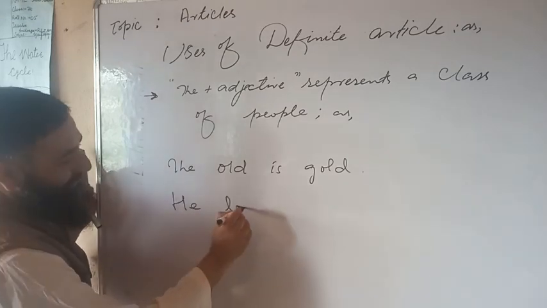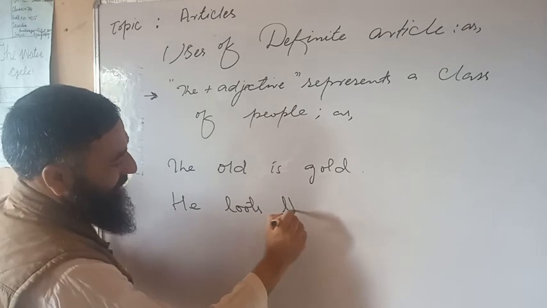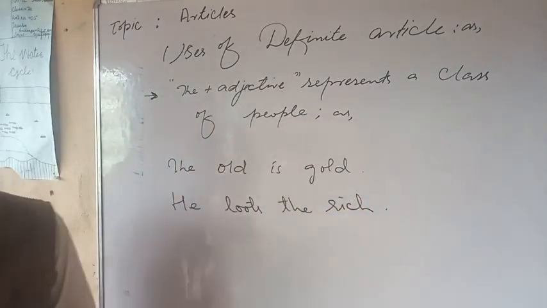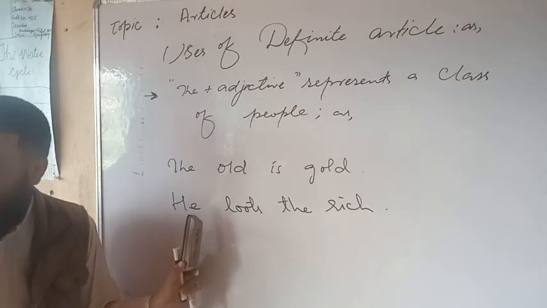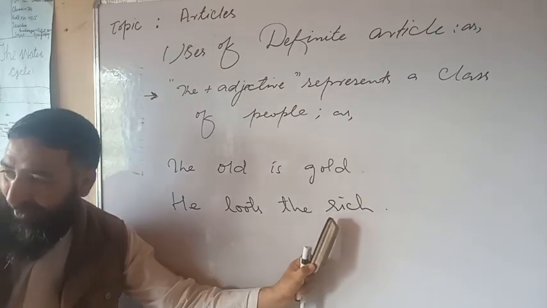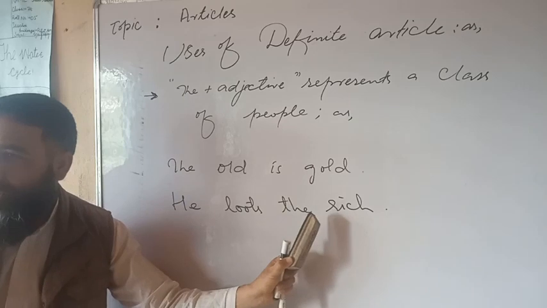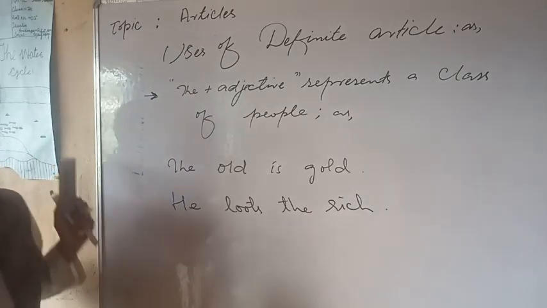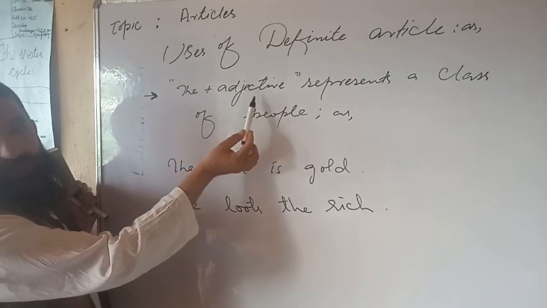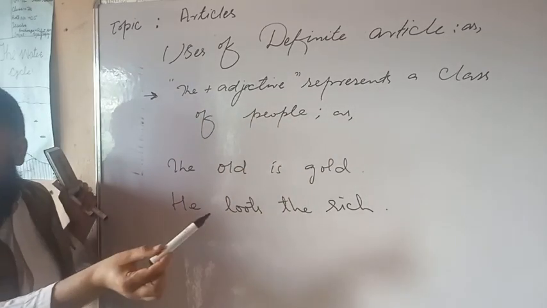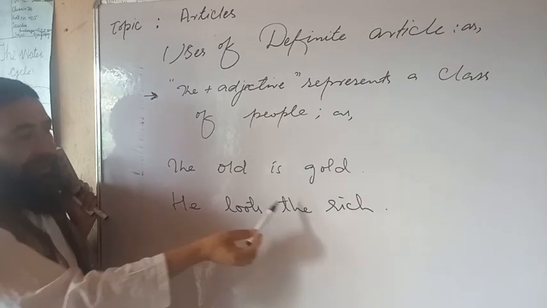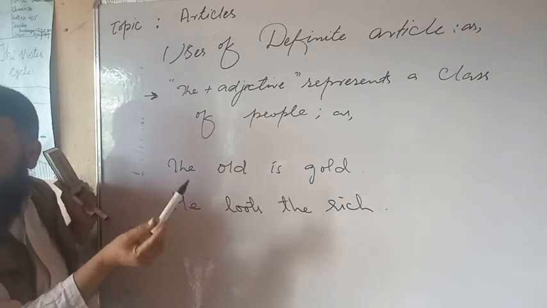He loots the rich. He loots the rich means he loots all the rich people. Here the rich means all the rich people. Is it clear? So "the" plus adjective represents a class of people. Here the old means all the old people in general, the rich means all the rich people.